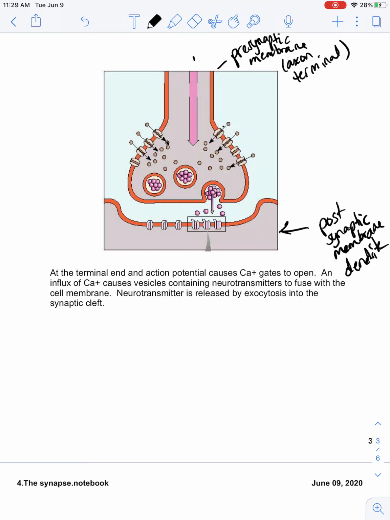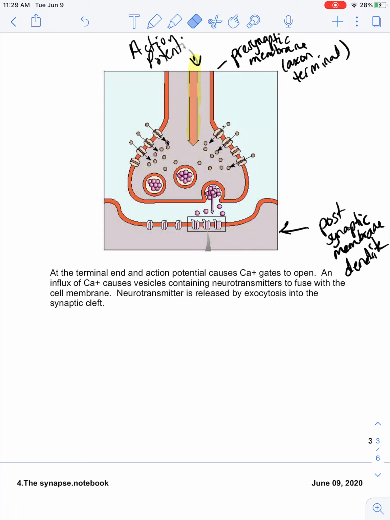Okay, so what happens here is there's multiple things that are going on that will cause this action potential in the next membrane. It starts with an action potential in this specific neuron in the presynaptic membrane. So an action potential has worked its way through this membrane or through this neuron. Okay. So we have an action potential moving down.